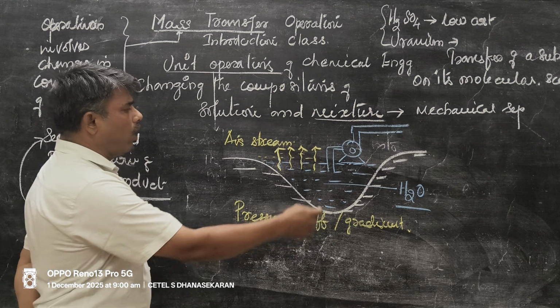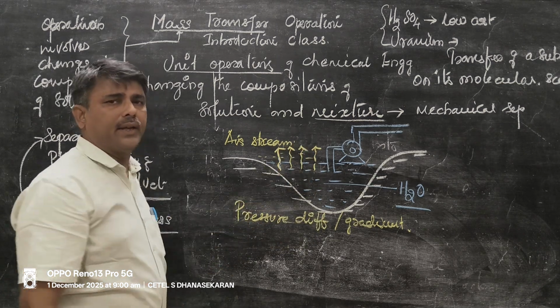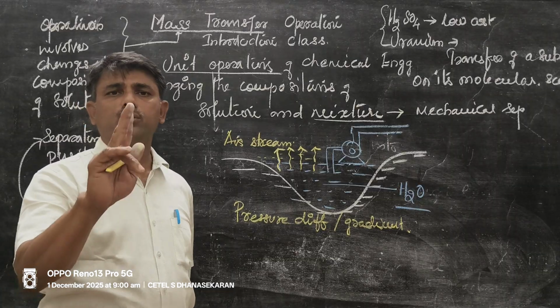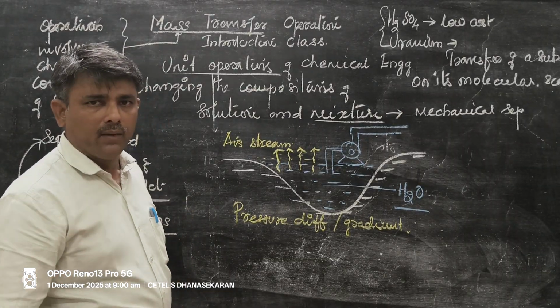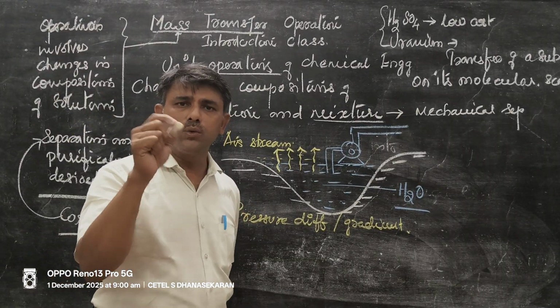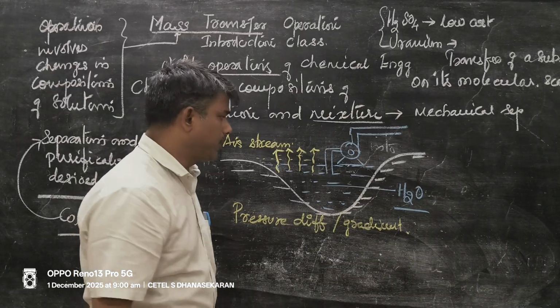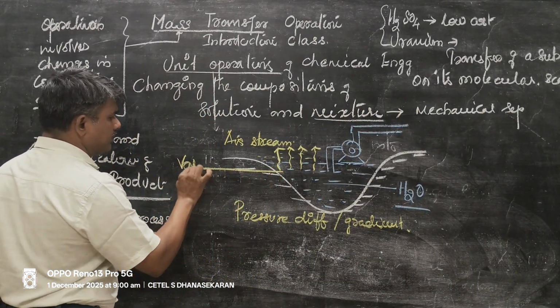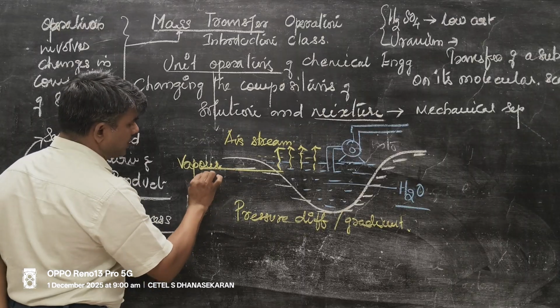What is the meaning of pressure difference? Say for example, how water gets evaporated. Can any one of you explain how water gets evaporated? We have two different types of pressure. When water is in liquid form, it exerts a pressure against the atmosphere. This pressure is called vapor pressure.